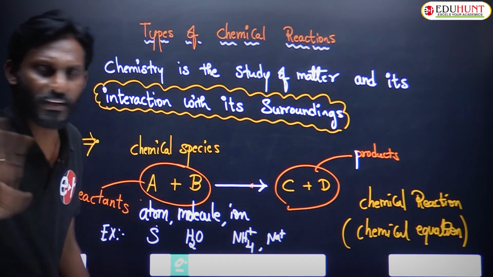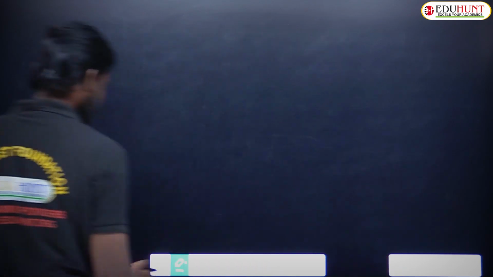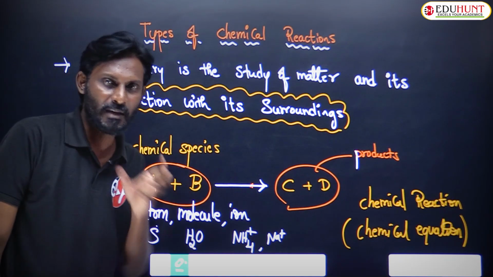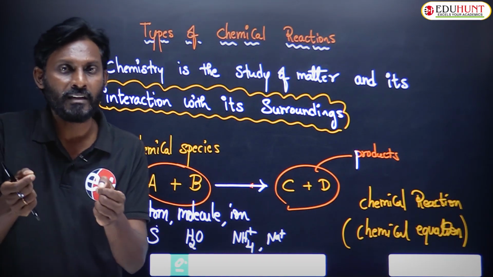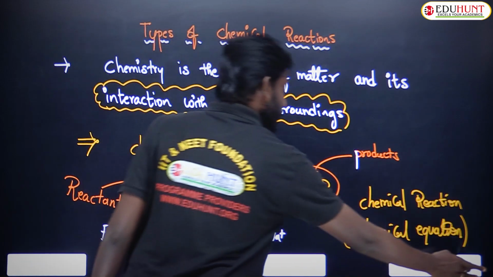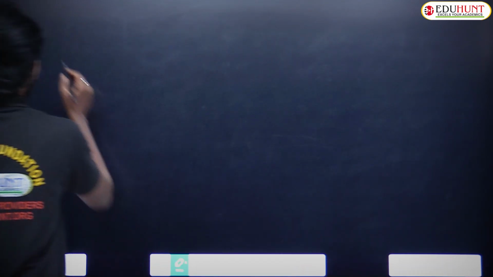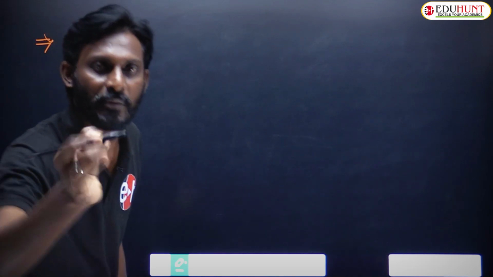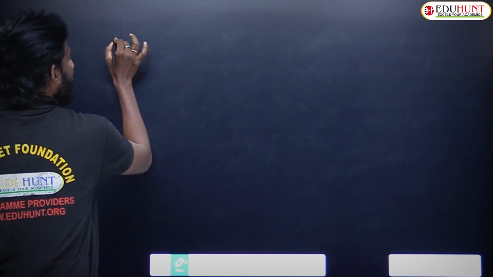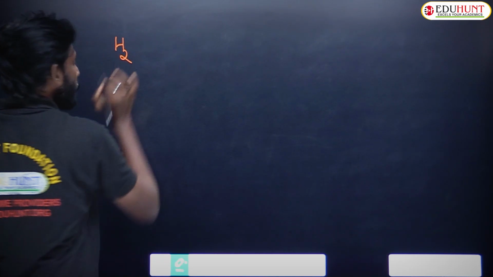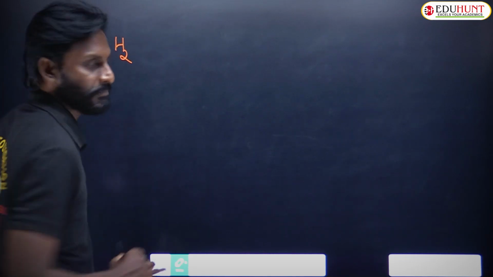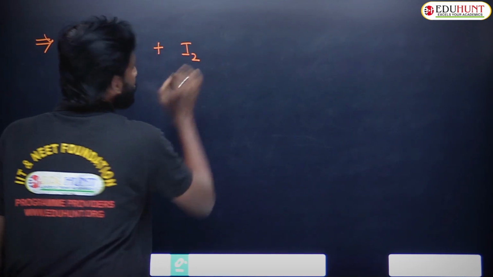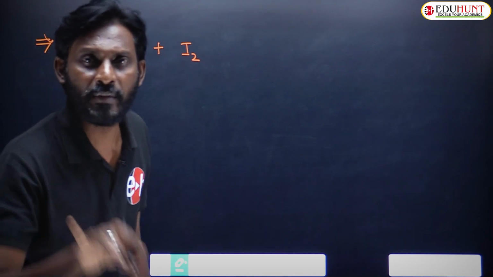Let me explain with a particular real example. Because A and B was a dummy example, let me take a particular chemical species for the example purpose. Suppose I take a chemical reaction between the H2 molecule, you know very well, hydrogen element, plus iodine molecule, iodine element.